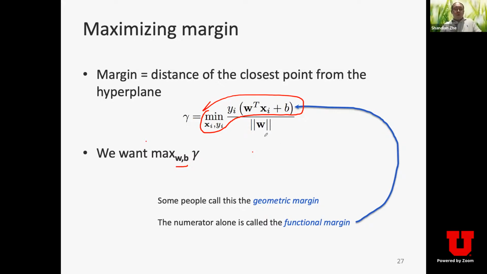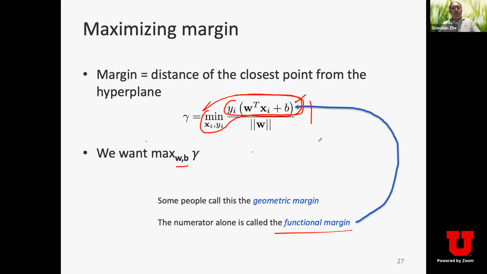We call the numerator, namely the product between the label and your prediction score, the functional margin. Later we're going to use functional margin and this numerator interchangeably. And the whole distance is called the geometric margin. That's reasonable because this is our original definition of distance.